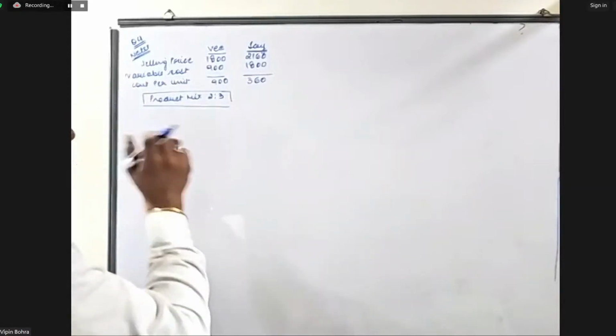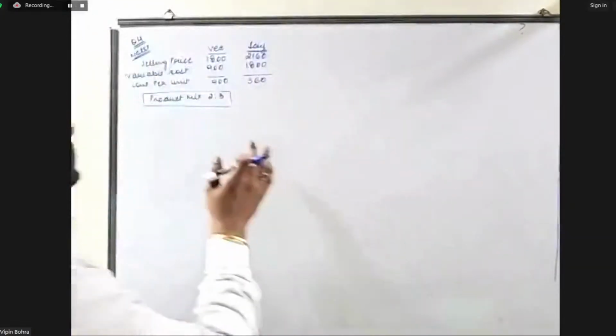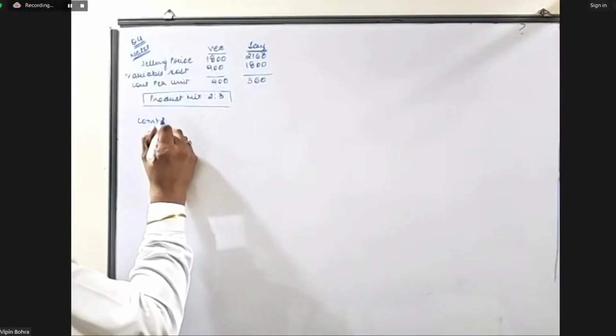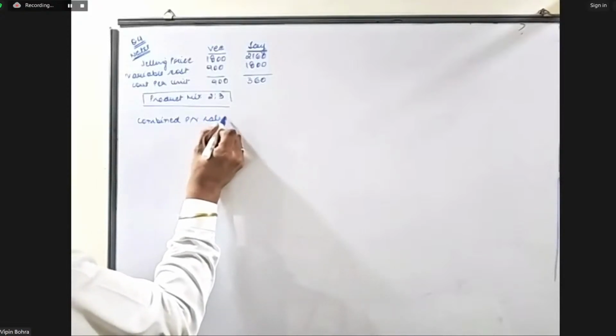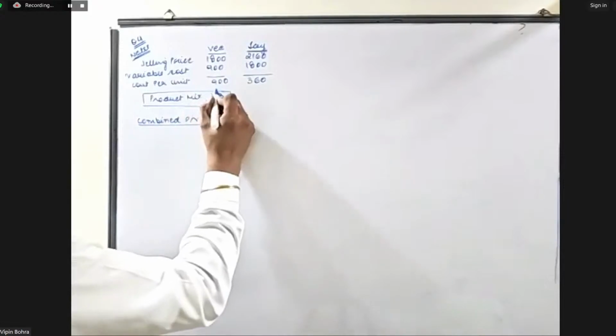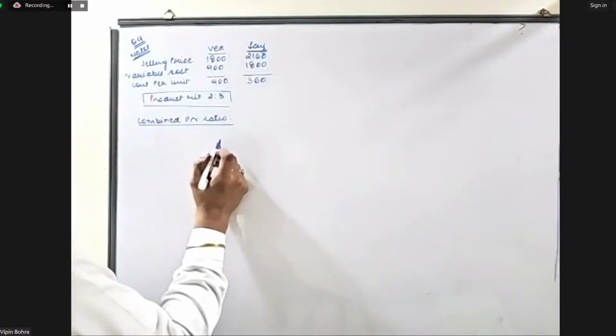When such types of questions are there, I mean if the examiner asks such questions, the point is first we will calculate the combined PV ratio, then only we'll be able to calculate the break-even sales. So let's start with combined PV ratio first. Herein, we will give the effect of the mix also in the contribution per unit and the selling price per unit.